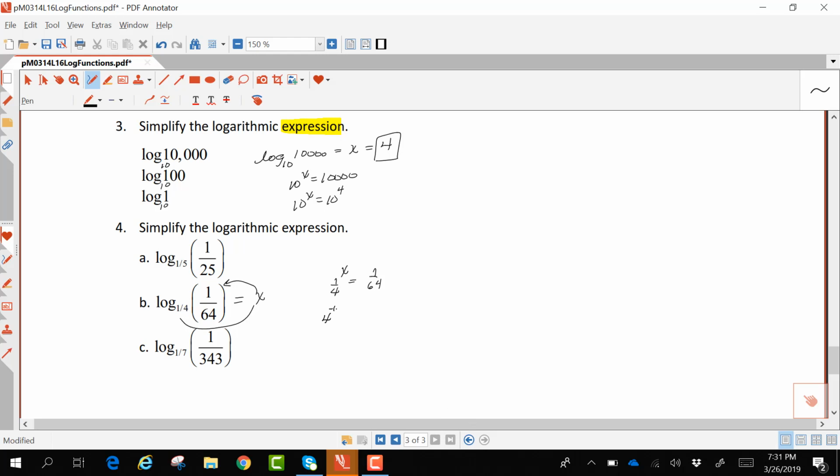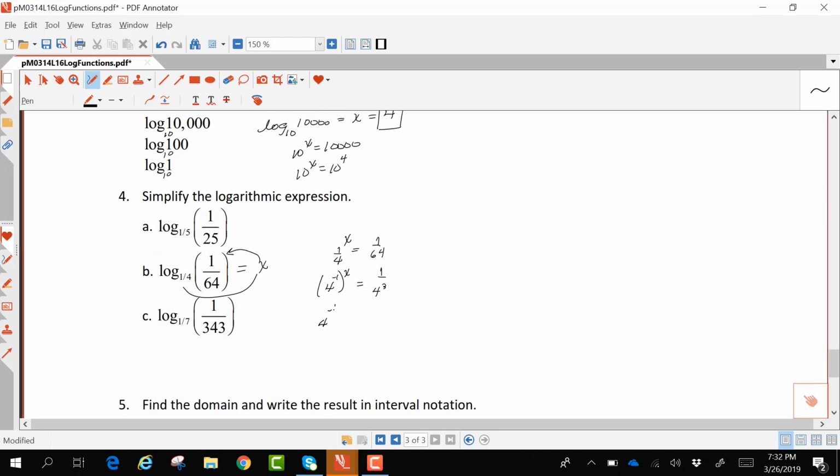The left side would be 4 to the power of negative 1 to the power of x, and the right side is 1 over 4 to the power of 3. I could continue the solving process and write the right side of my equation as 4 to the power of negative 3.